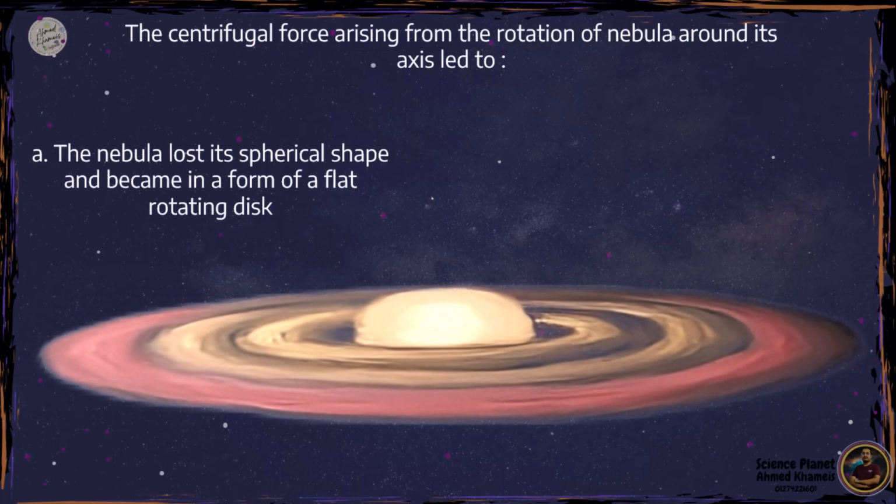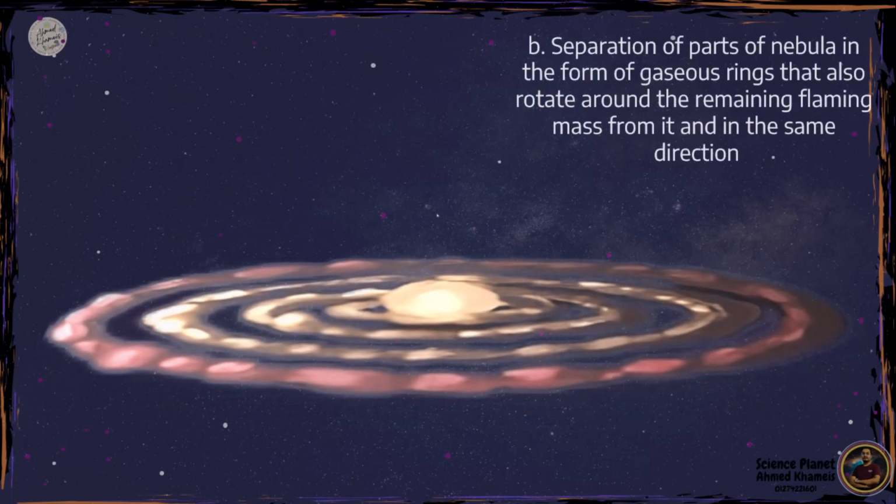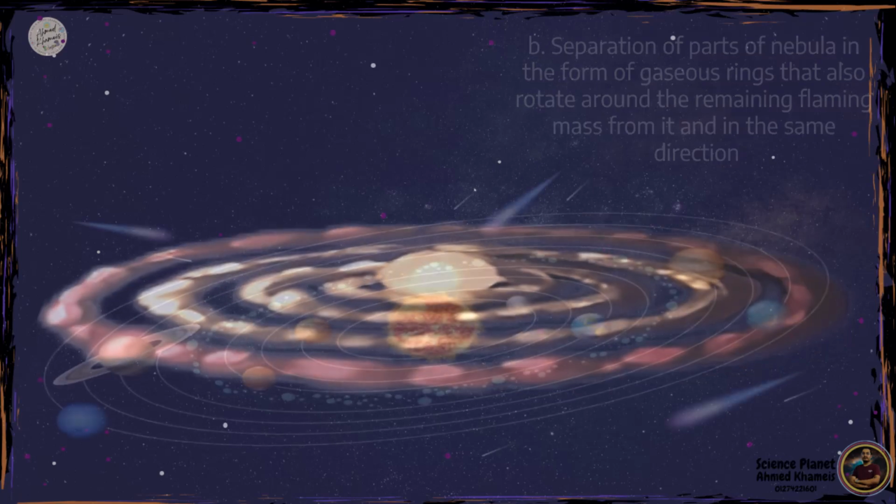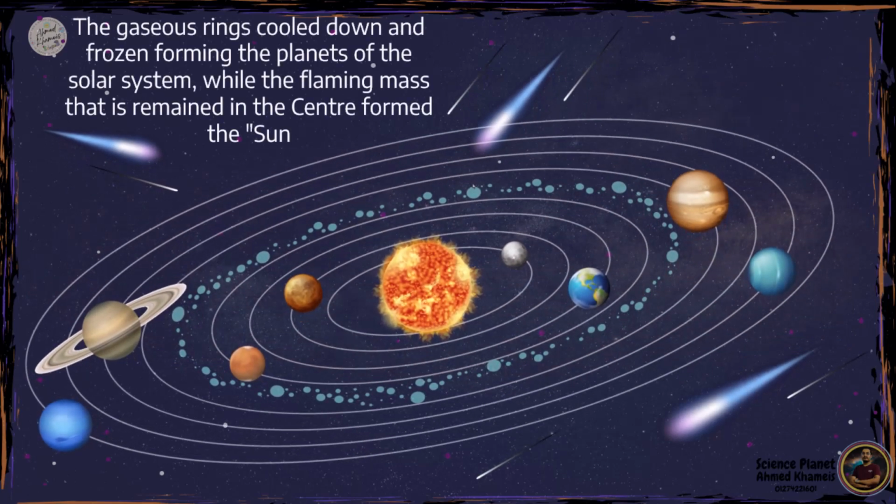The centrifugal force arising from the rotation of the nebula around its axis led the nebula to lose its spherical shape and become a rotating disk, and led to the separation of part of the nebula cloud, which remained revolving around the central hot mass. The gaseous rings cooled down and froze, forming the planets, while the flaming mass in the center formed the sun.